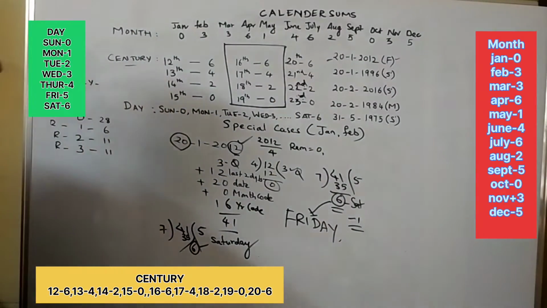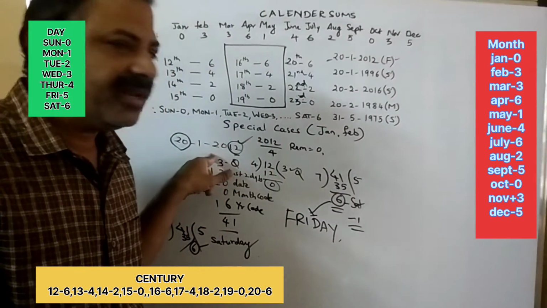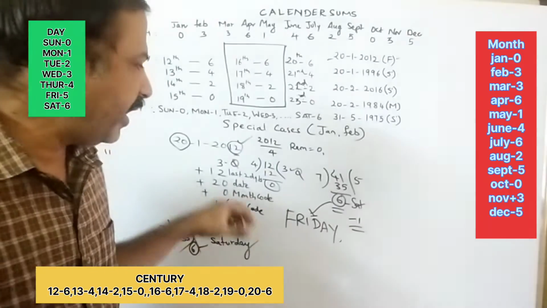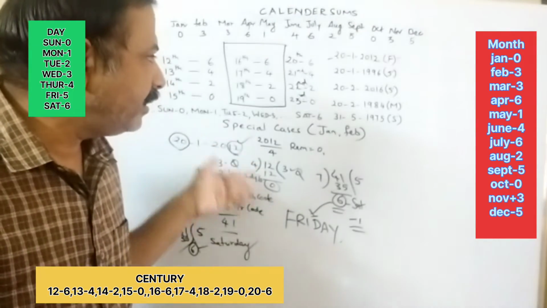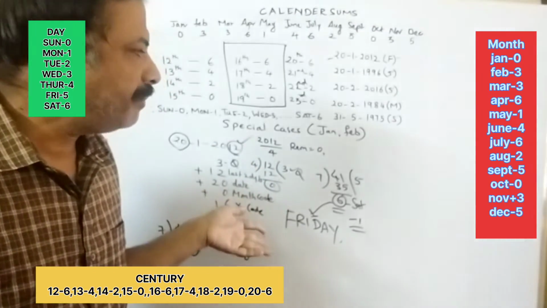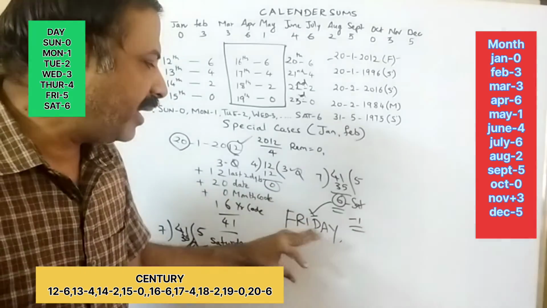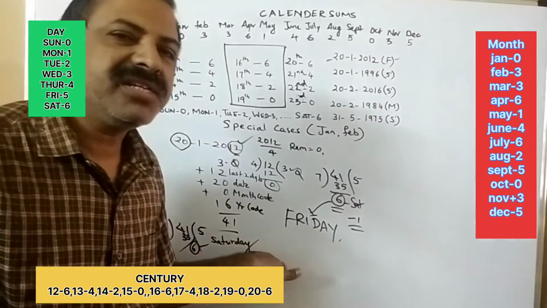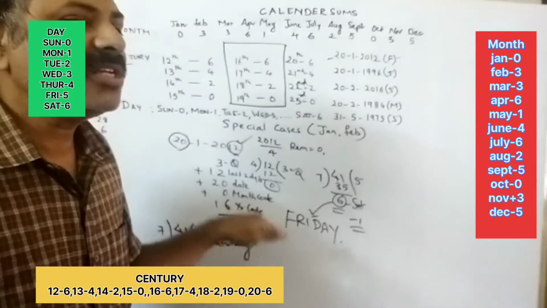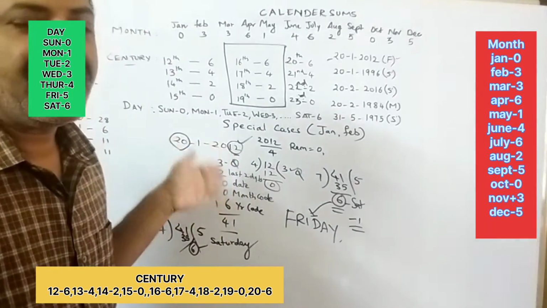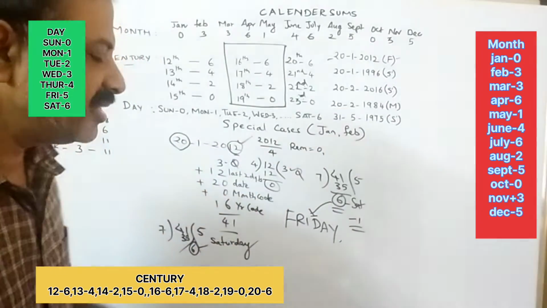So in the case of January and February, when you find the day for a date in a leap year, you have to go 1 day back. If your answer is Saturday, you tell Friday. If your answer is Monday, you tell Sunday. If your answer is Thursday, you tell Wednesday.